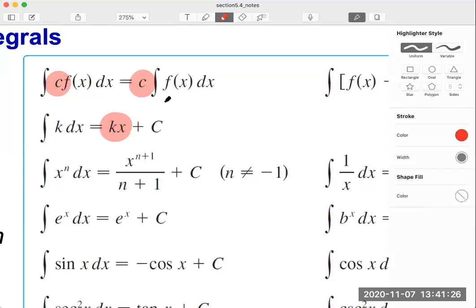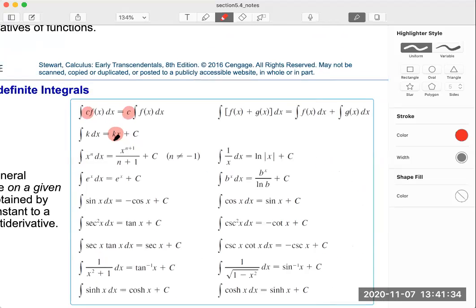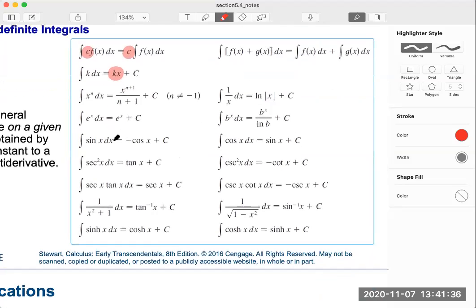You can always double check it by taking the derivative of the right-hand side. So our job is to study all these things and memorize them. In the test, you are allowed to make a note yourself and use this formula. And remember, this is very important.